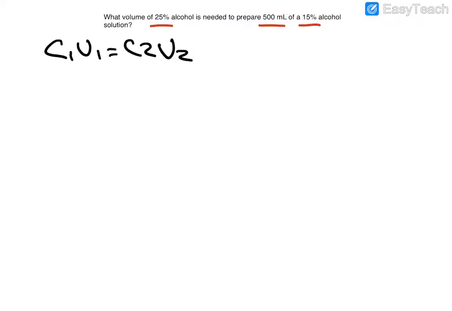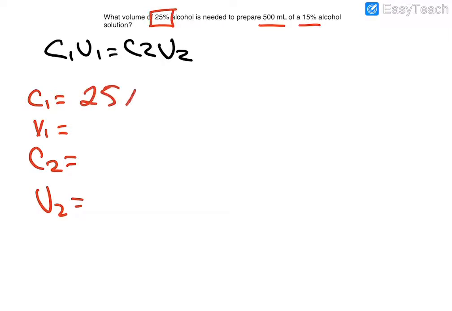So when I do these calculations, I like to write it out like this. C1 equals, V1 equals, C2 equals, and V2 equals. So if we know that this is C1, we can just put that right in there. And then moving on, we see we need to prepare 500 milliliters. So that would be our V2, because that's what we want at the end.